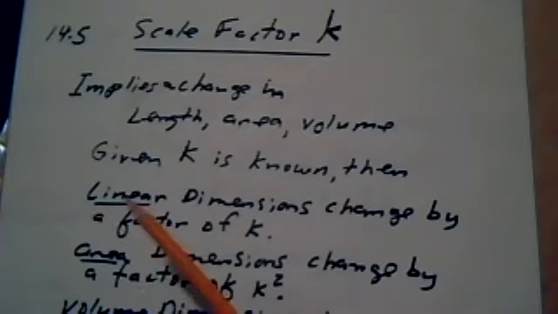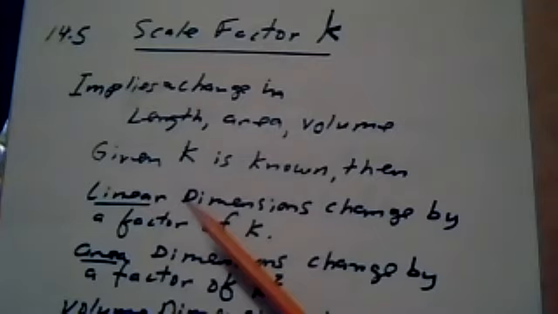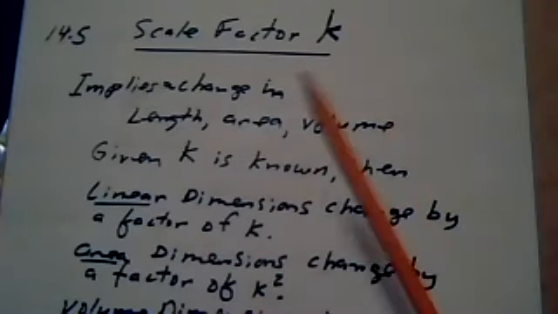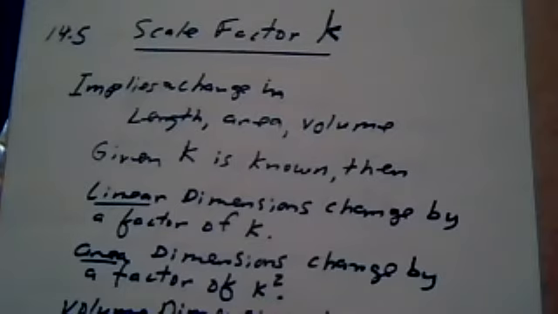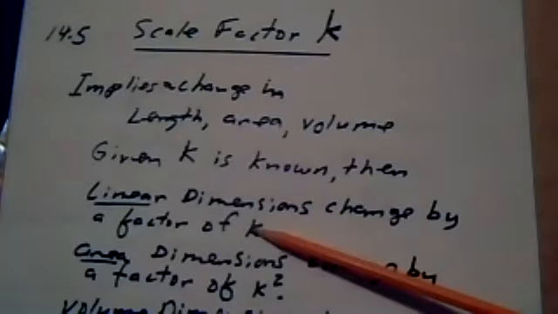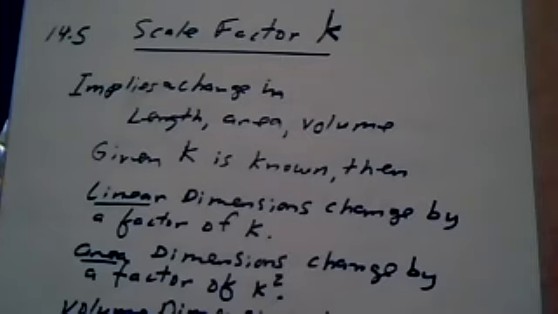So if you have the linear dimension changed by a factor of k, so if you have a scale factor of k, the linear dimension, for example, the perimeter, the radius, the circumference, that would be the k measure. Suppose you increase the radius by 2. So the scale factor will be 2, right?